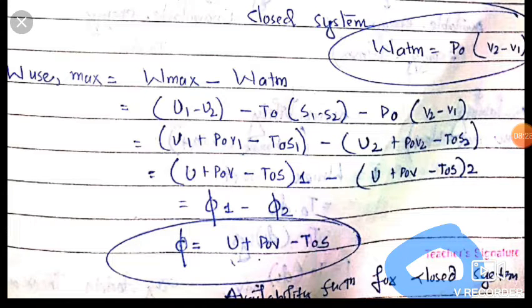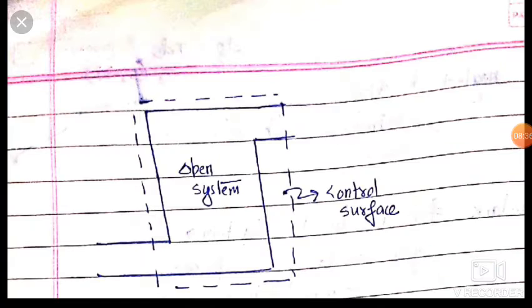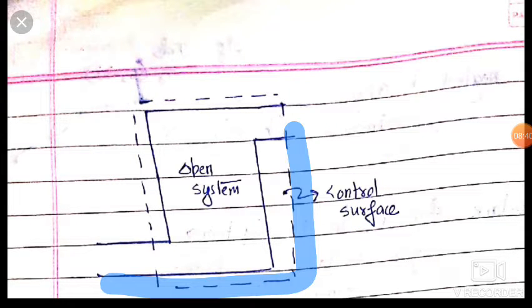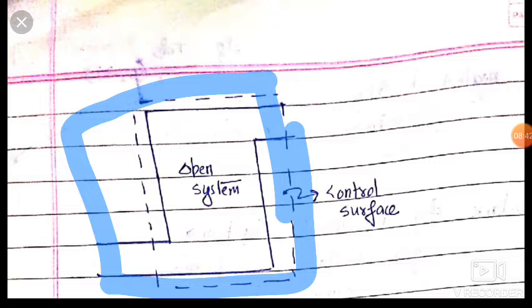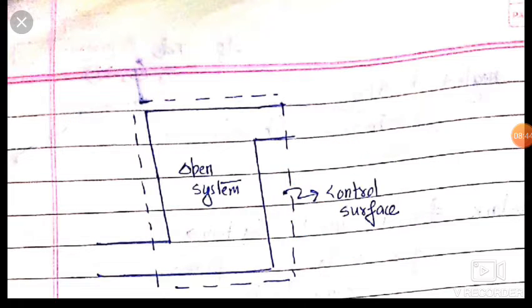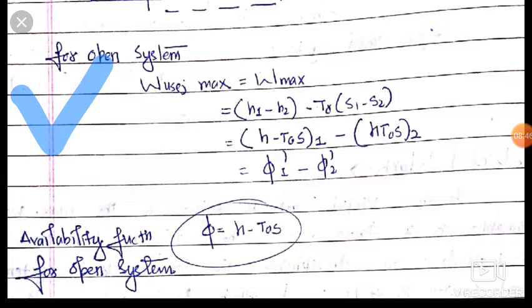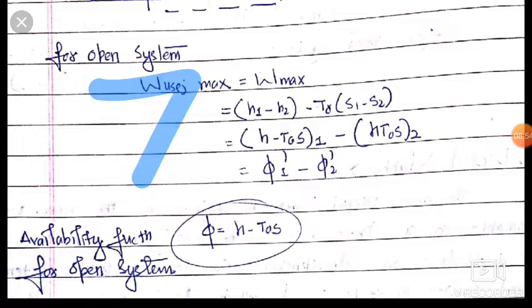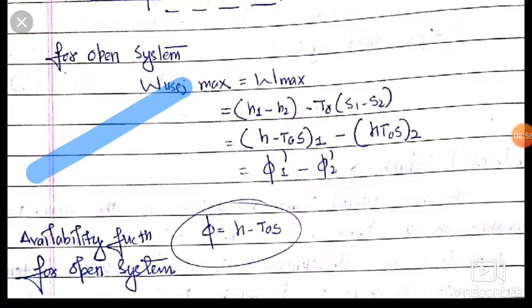Okay dear friends. Now friends, we will derive maximum useful work for our open system. This is our open system, and friends, thermodynamic analysis is done on the control surface. So for open system, work done useful is equal to work done maximum. There is open system, so friends, there is transfer of mass and transfer of energy across the system boundary.